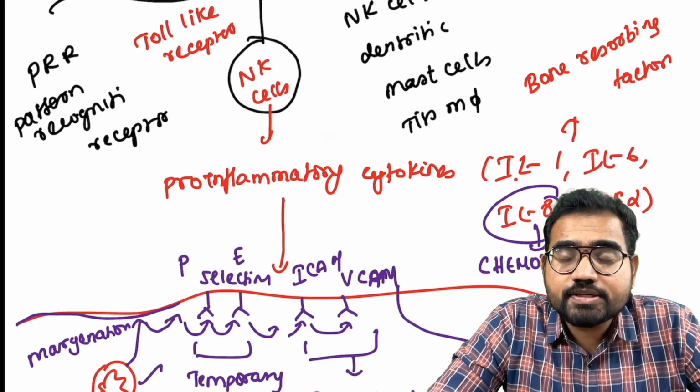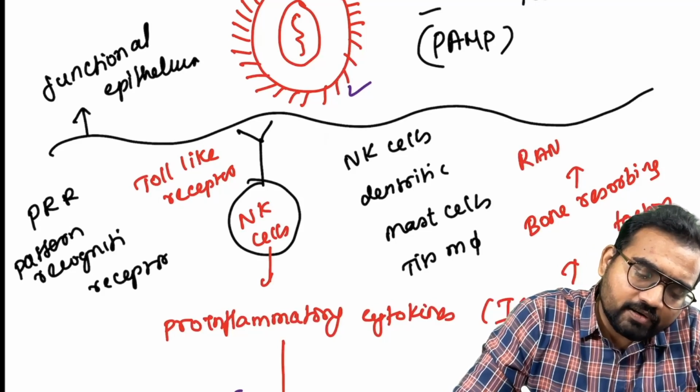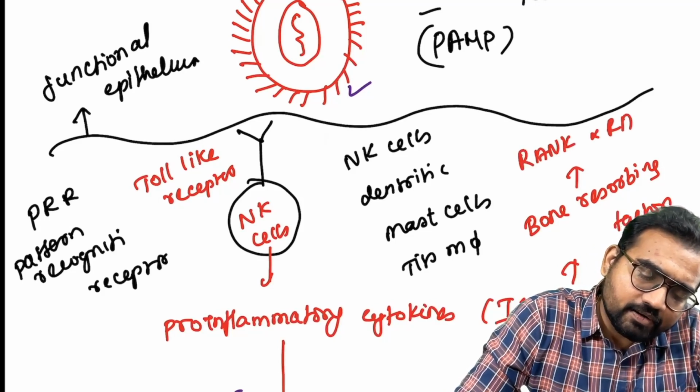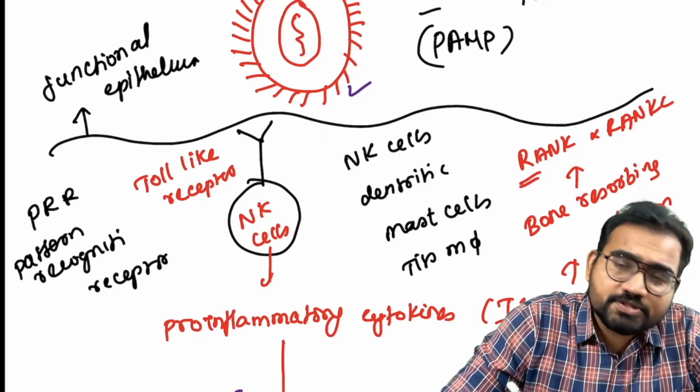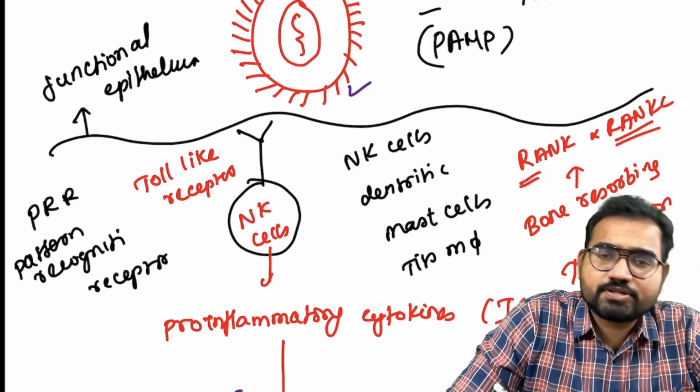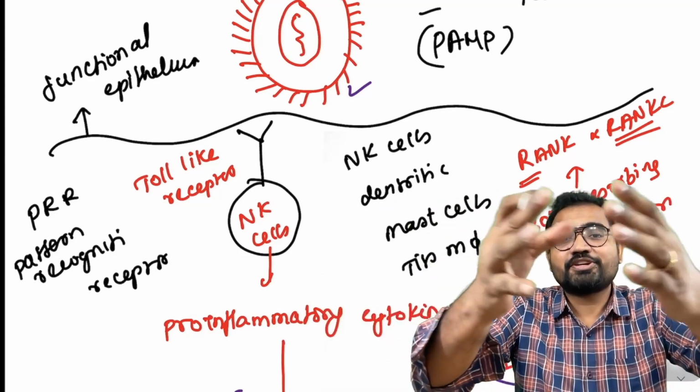How? Because they increase the expression of RANK and RANKL. RANK is present on osteoclasts and RANKL is present on osteoblasts. Once these receptors are expressed, bone resorption takes place.